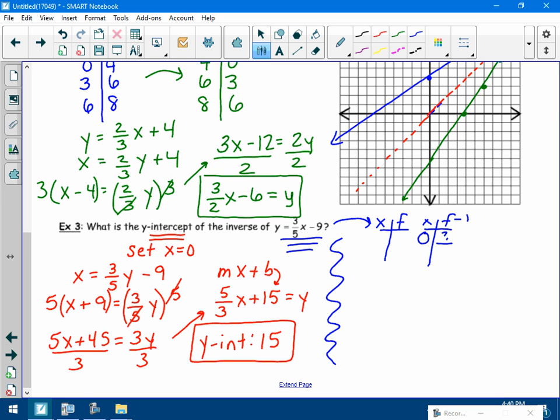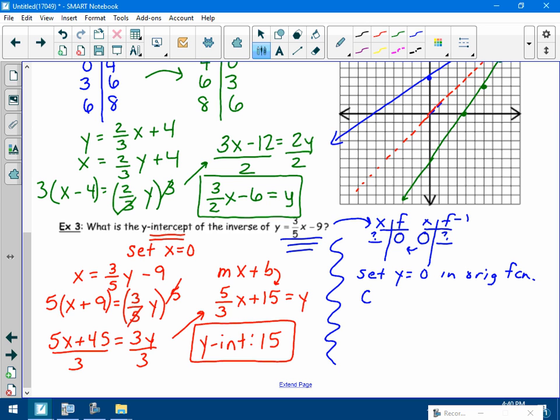Instead of x being 0, that point would have corresponded to y being 0. So I could take the original function and set y equal to 0. And that should also give me the y-intercept of the inverse.